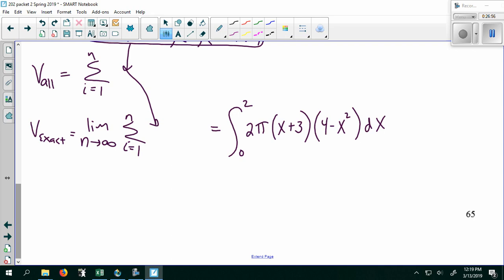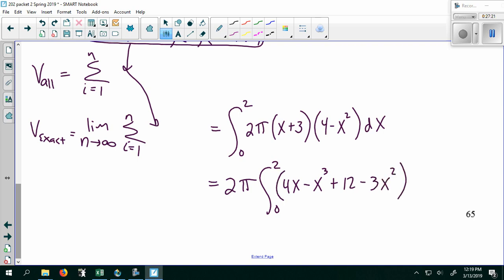And so for this last question, you were asked to evaluate this integral by hand. So since I'm going to do that, I'm going to pull the 2 pi out of the integral because it's just a constant. And then I'm going to multiply these two parentheses together. So I have 4x minus x cubed plus 12 minus 3x squared dx.